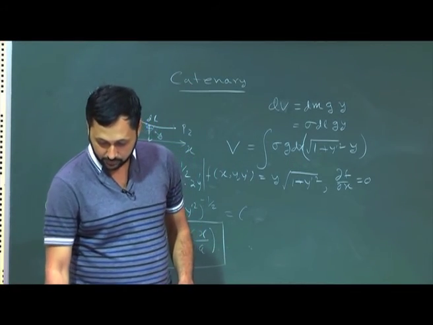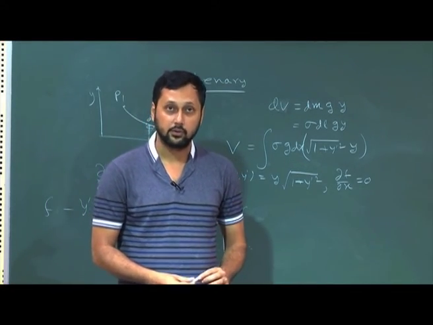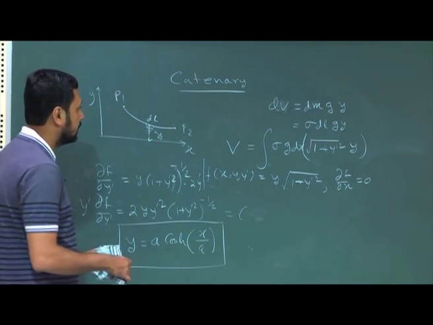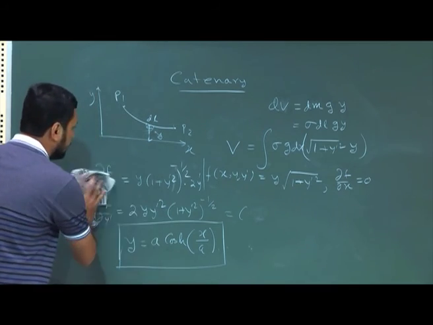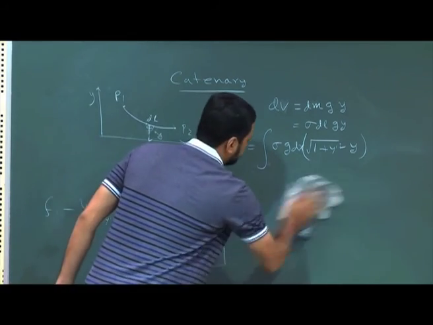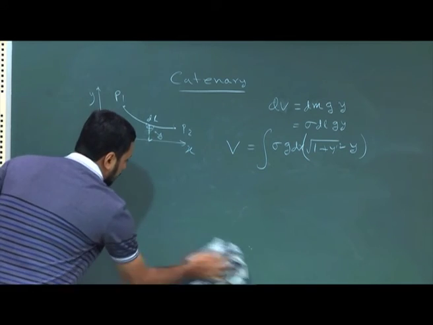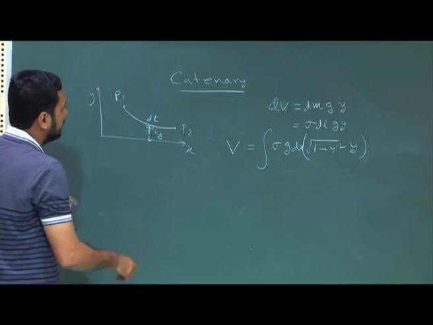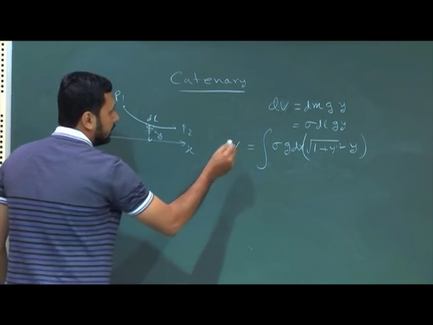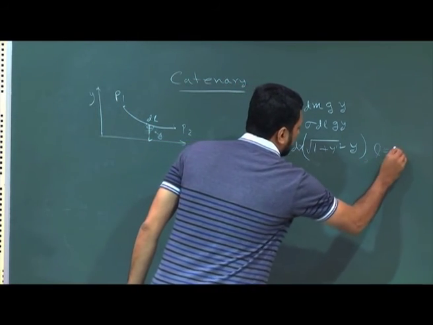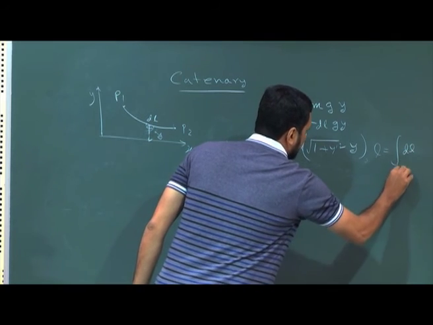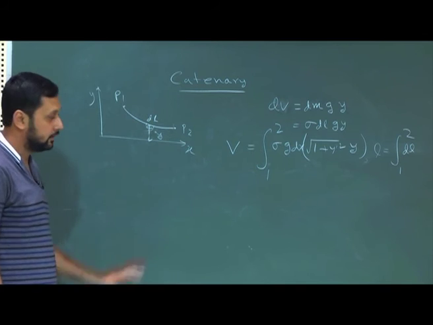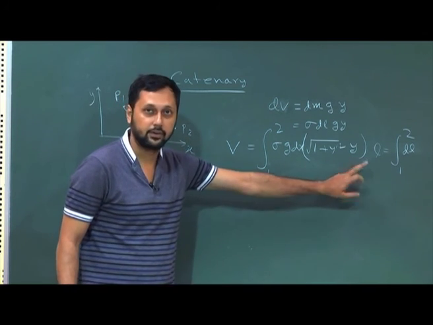If we want to include this into our equation, this means if I specify the total length, then L is equal to the integral of dl between point 1 and 2. So, that is something which is given, right.